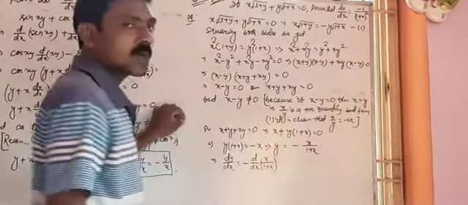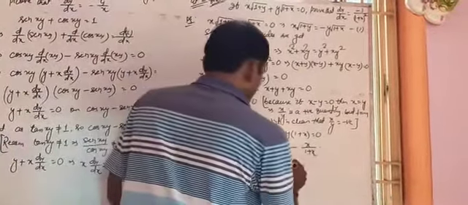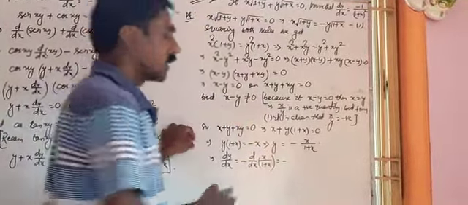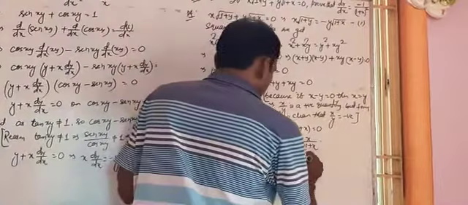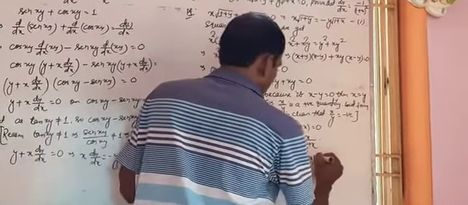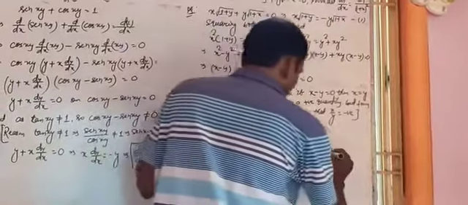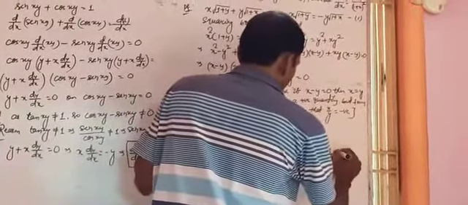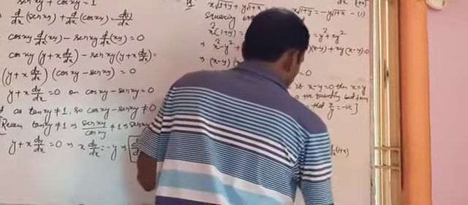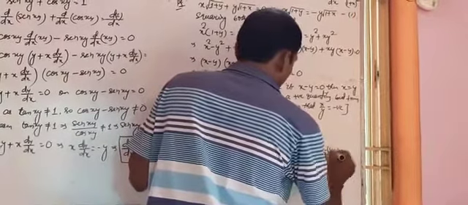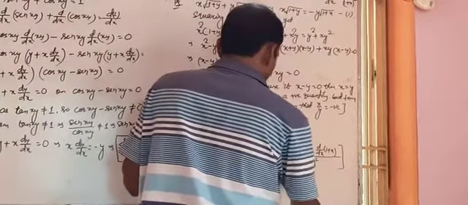Now we will use the quotient rule of derivative. So it is minus, first derivative of numerator dx by dx into denominator, minus numerator into derivative of 1 plus x, whole divided by square of the denominator.